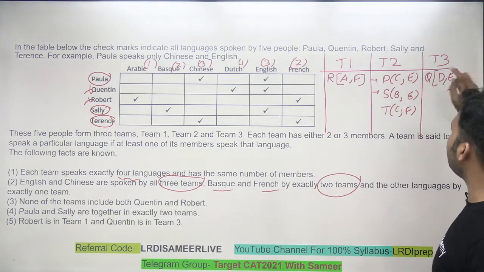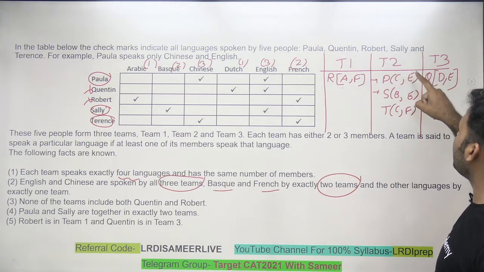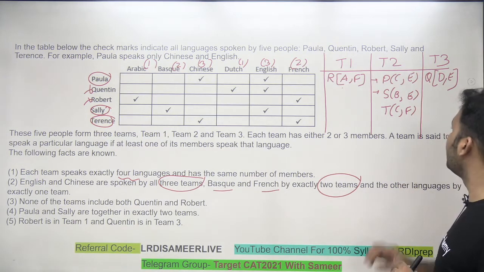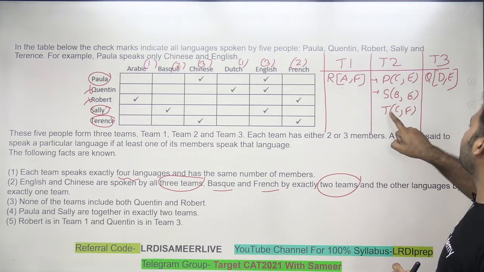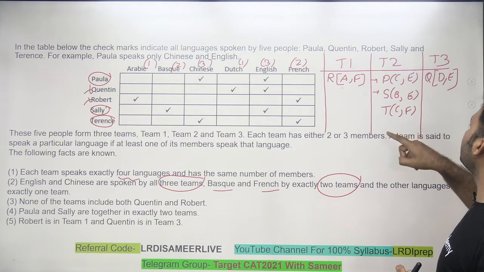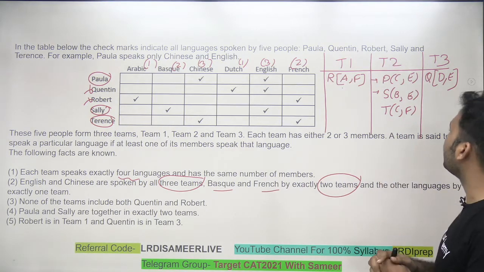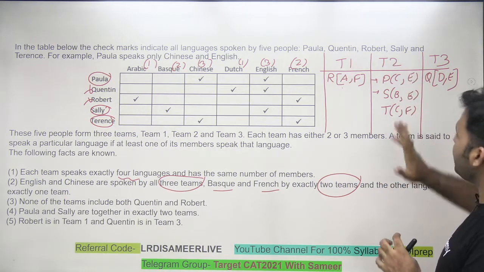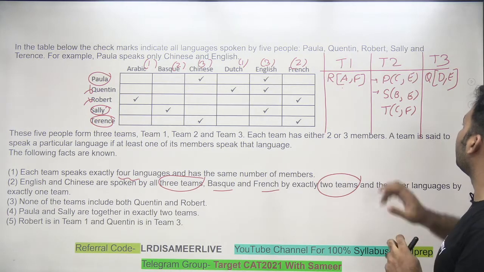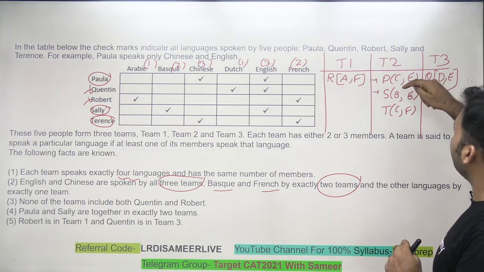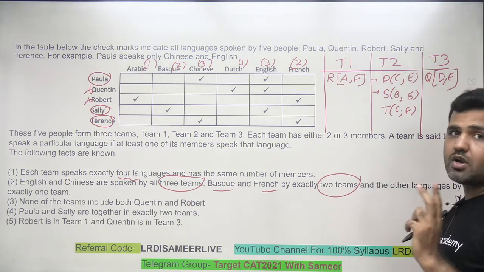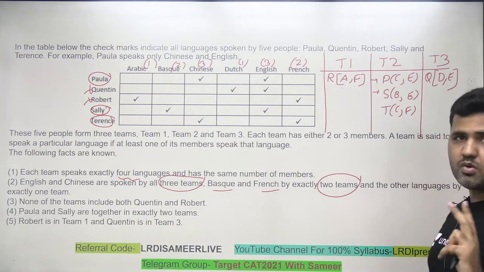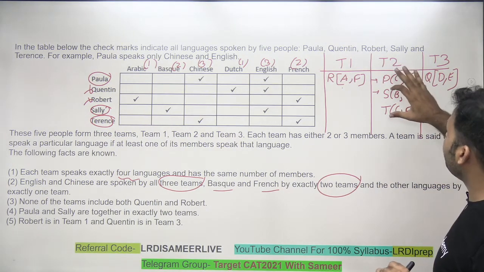If I take P and T, the team will be speaking Chinese, English and French. Again, 3 languages. If I take S and T, the team will be speaking Basque, English, Chinese and French. So S and T can be the only 2 members where they speak 4 languages. So if I want 2 members in team 2, it should be S and T.